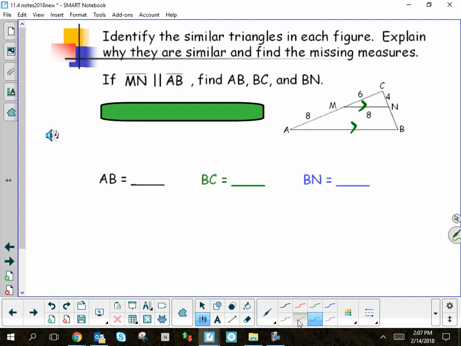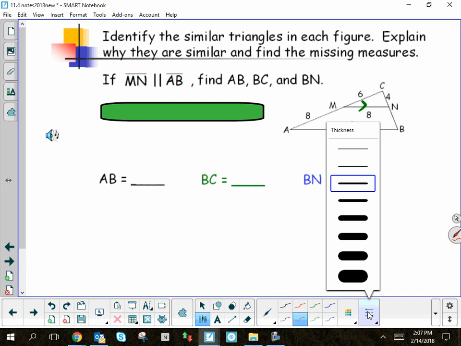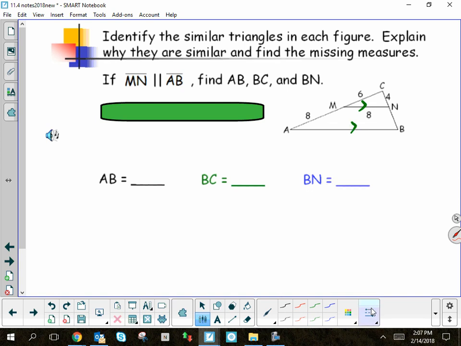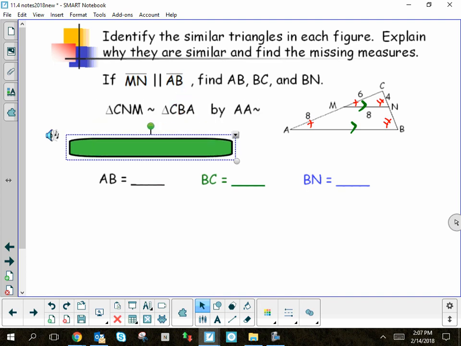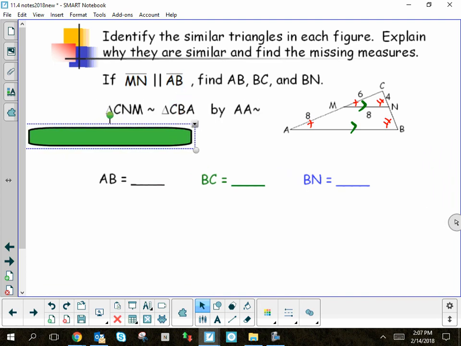So if they're parallel, then we have some congruent angles because they're corresponding. This angle is congruent to this one. That one is congruent to this one. So we can say the two triangles are similar by the angle-angle conjecture. Okay? So right there, triangle CMN would be similar, not congruent, sorry, to triangle CBA by the angle-angle.